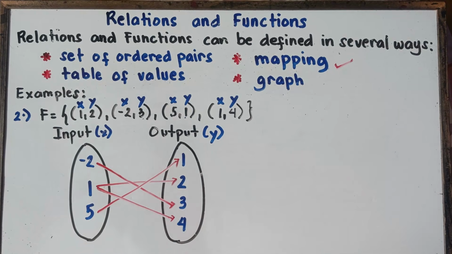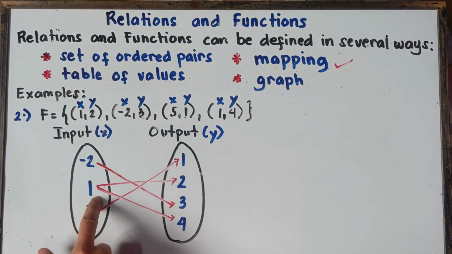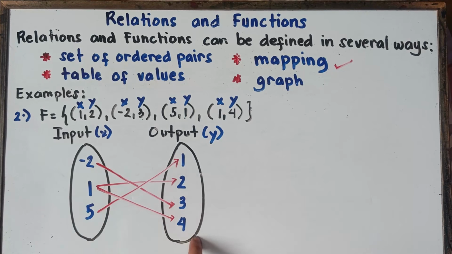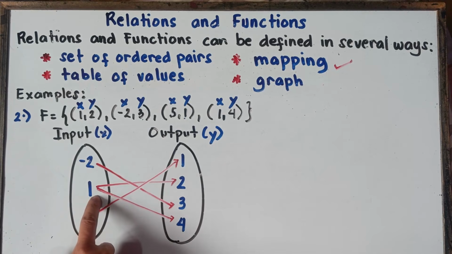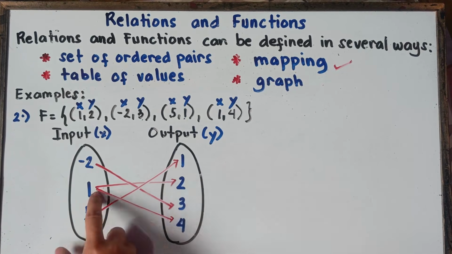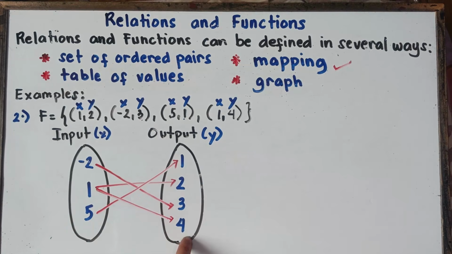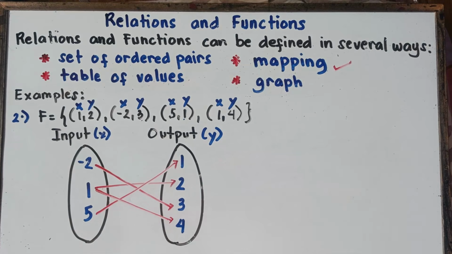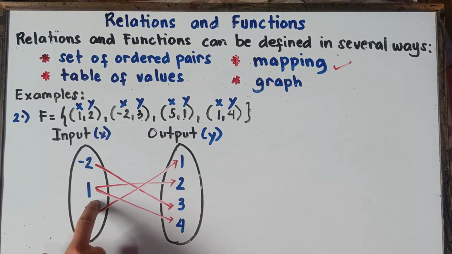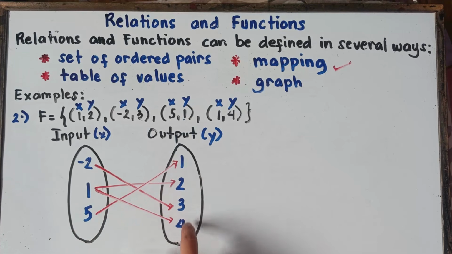Or the quick and easy way, class: if the input has 2 or more arrows pointing to different outputs, therefore, class, it will not be a function. Now, this input 1 is pointing to 2 different outputs, 2 arrows, class, 1 and then 2, 1 and then 4. Therefore, this will not be a function because this input has 2 arrows pointing to different outputs.